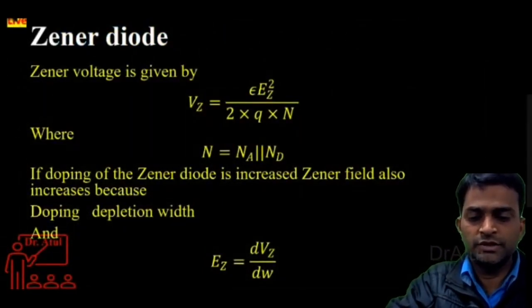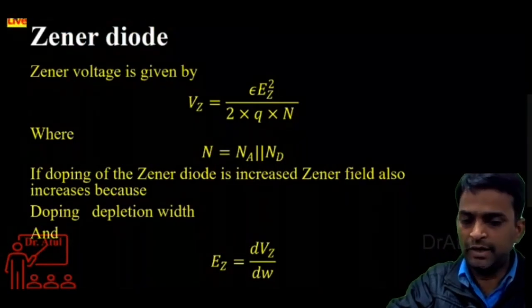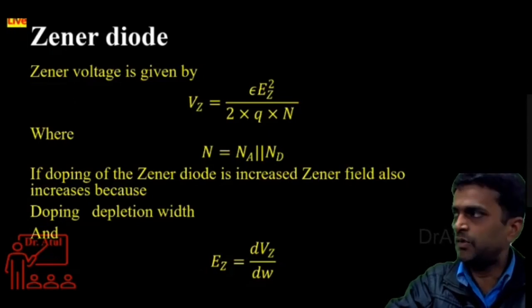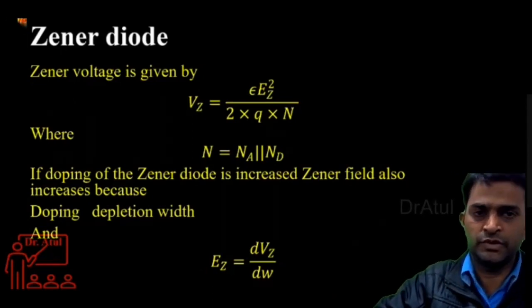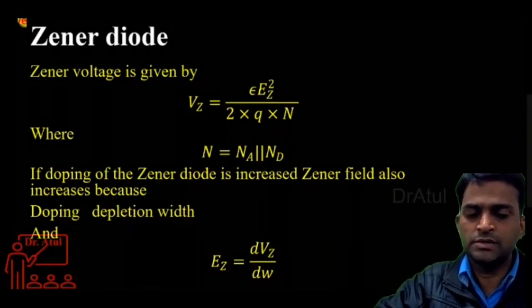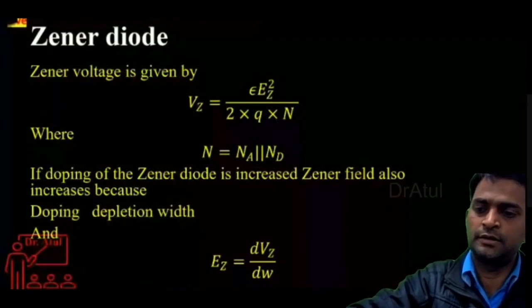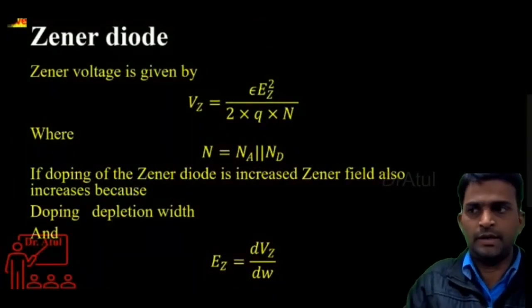So this Zener diode voltage can be calculated from the doping level. As I already told in an earlier slide, the Zener voltage depends on the level of doping. So here you can see that the Zener voltage can be controlled by the level of doping.